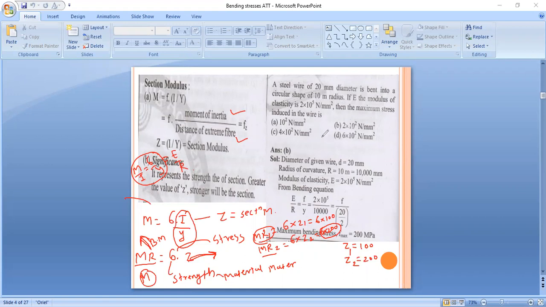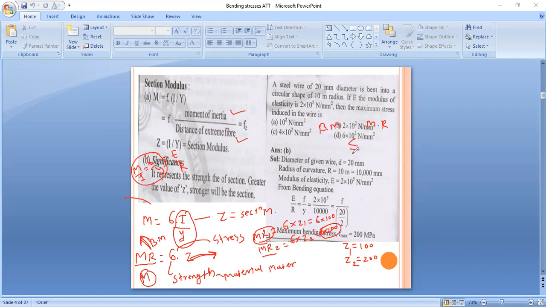Now you tell me, bending moment and moment of resistance. So if we are going to design any beam, at that time moment of resistance should be greater than or less than bending moment? कोणता रिलेशन करेक्ट असेल?